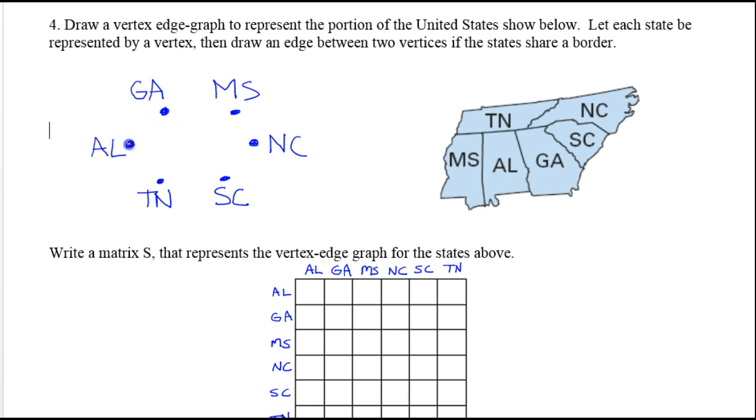So Alabama shares a border with Mississippi, Tennessee, and Georgia. How about Mississippi? Mississippi shares a border with Alabama and Tennessee. So we've already got Alabama, so here's the edge representing the shared border with Tennessee.